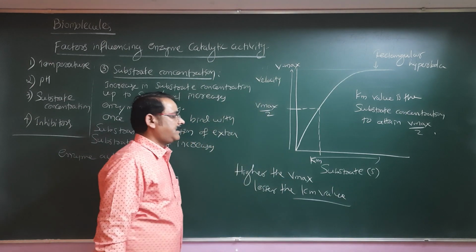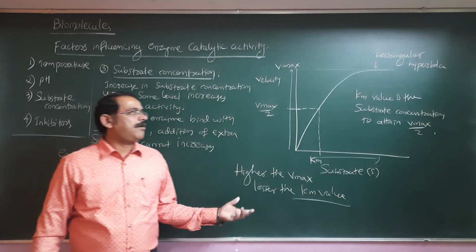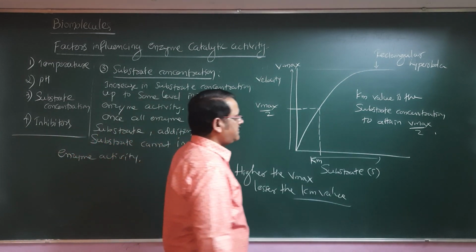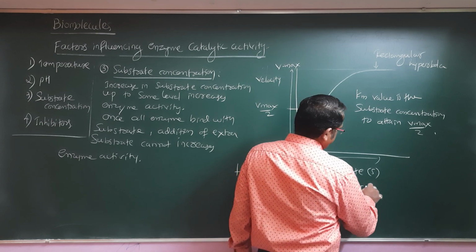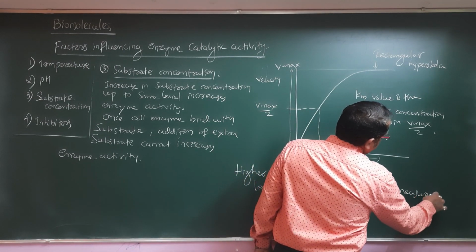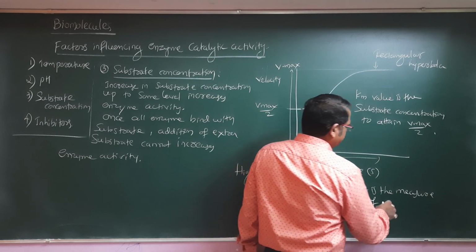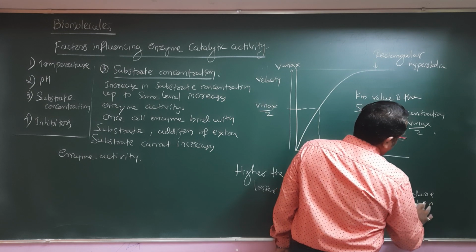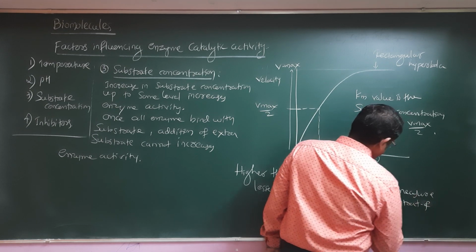So the Km value is an indicator of the affinity between the substrate and the enzyme. It is the measure of substrate and enzyme affinity.